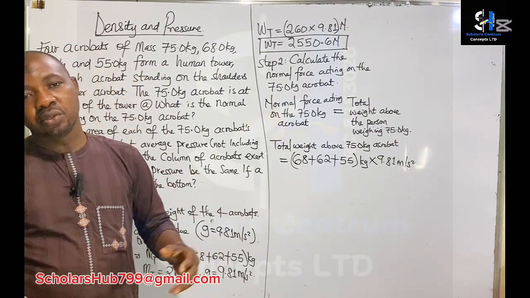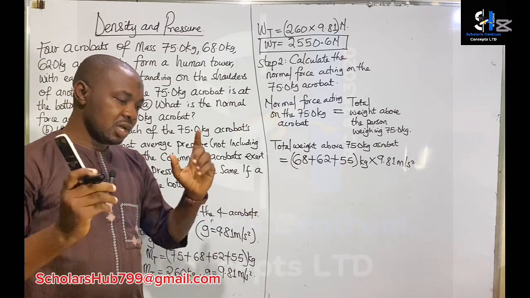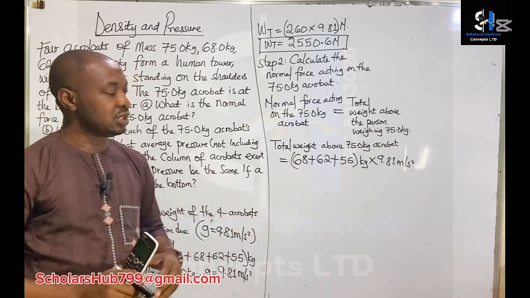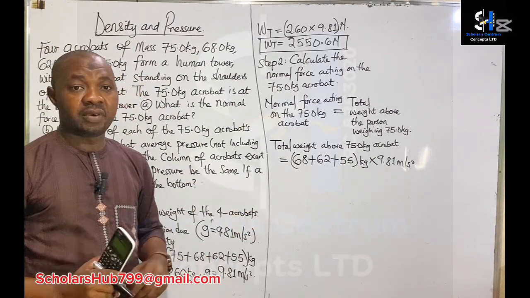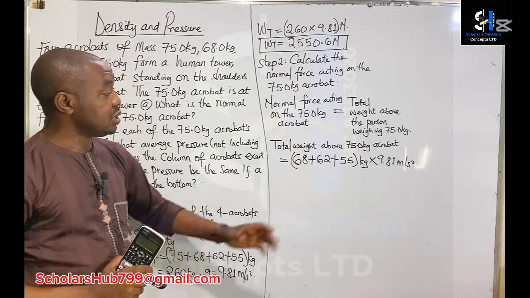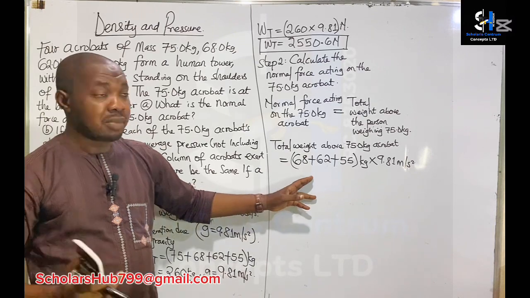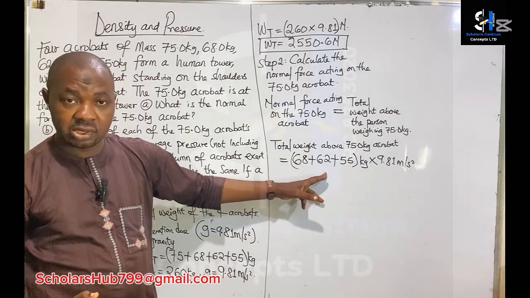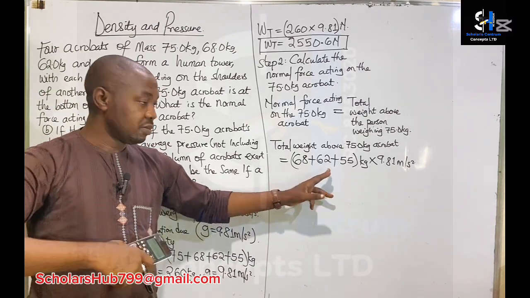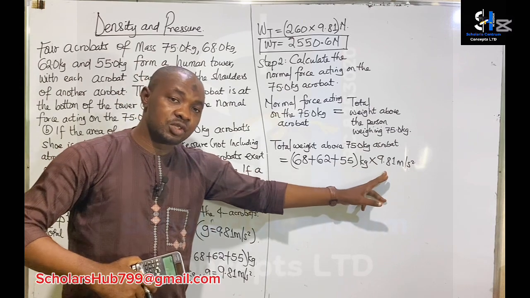There are other definitions for mass, but these two are very common. So to measure weight, we multiply the mass of an object by the acceleration due to gravity.